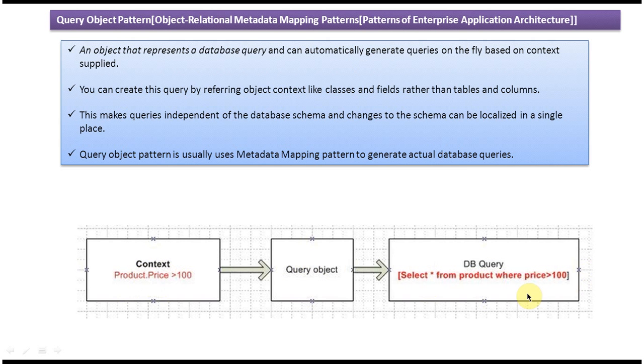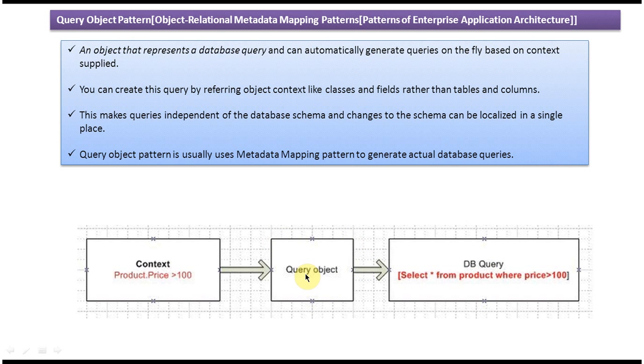Now if you read this one you will understand. An object that represents a database query and can automatically generate queries on the fly based on the context supplied. And the second point, you can create this query by referring to the object context like classes and fields rather than tables and columns.